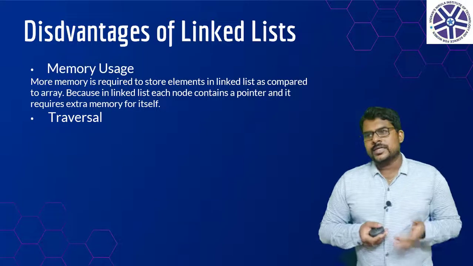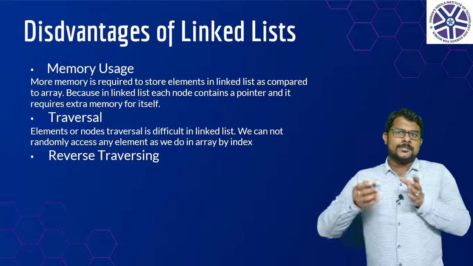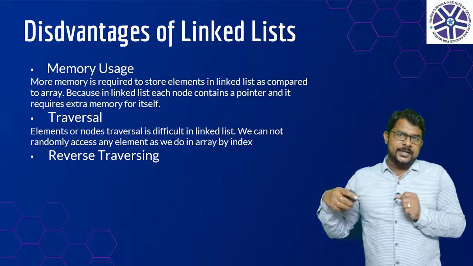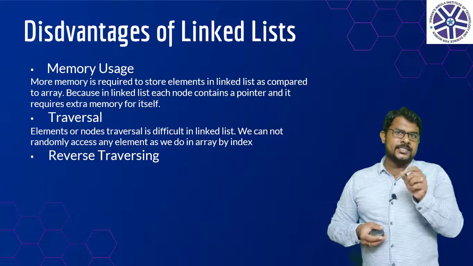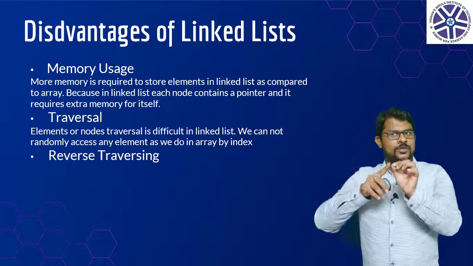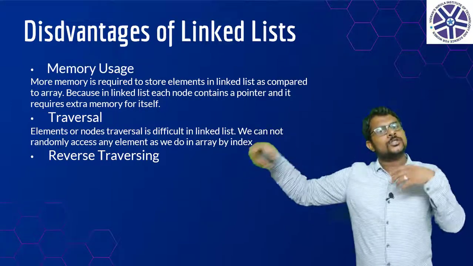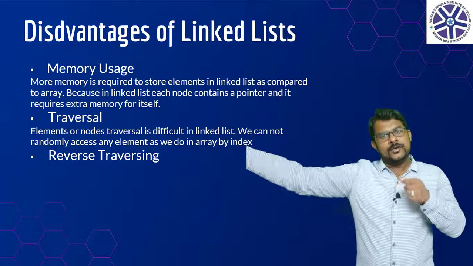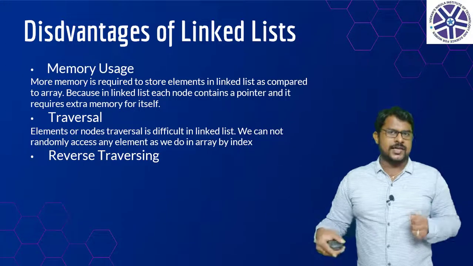So the next is traversal. Suppose you want a particular node in an array, you can directly go and access that. But when it comes to the linked list, you have to start from the first node and visit each and every node, though it is unnecessary. You need to go to the final node, which is really costly compared to arrays.